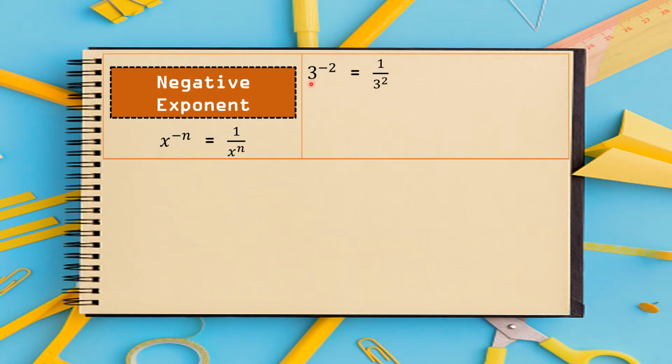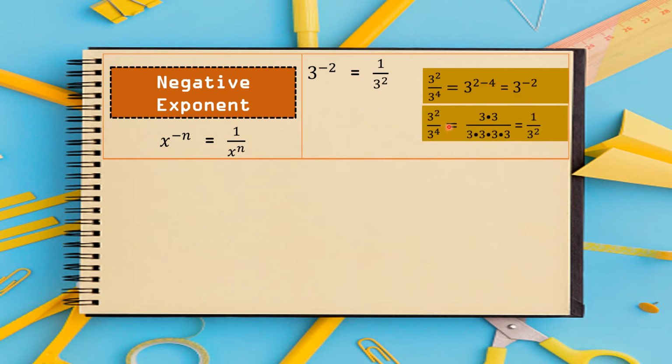Possibly, 3 raised to negative 2 came from 3 raised to 2 over 3 raised to 4, which is equivalent to 3 raised to 2 minus 4, and that is 3 raised to negative 2. Also, it may come from this number, but I will use it in a different way.